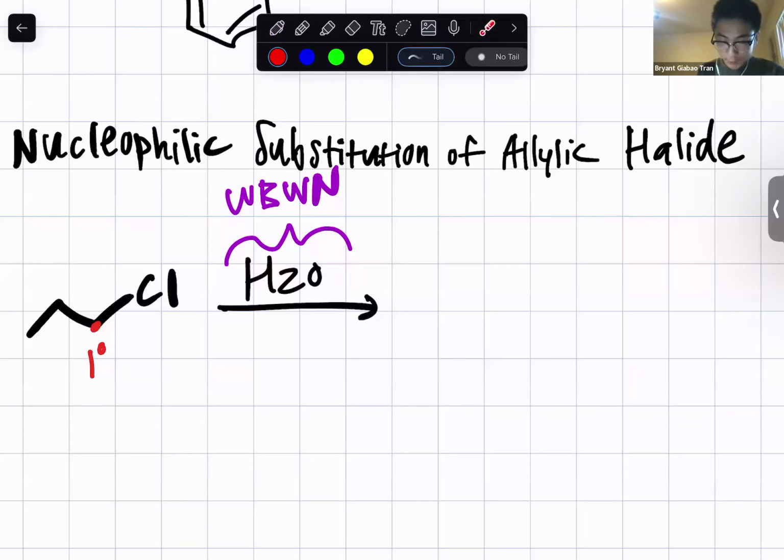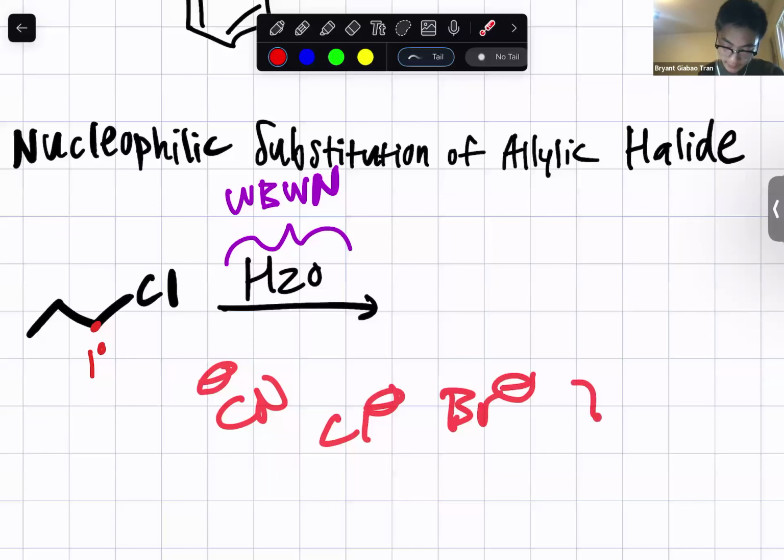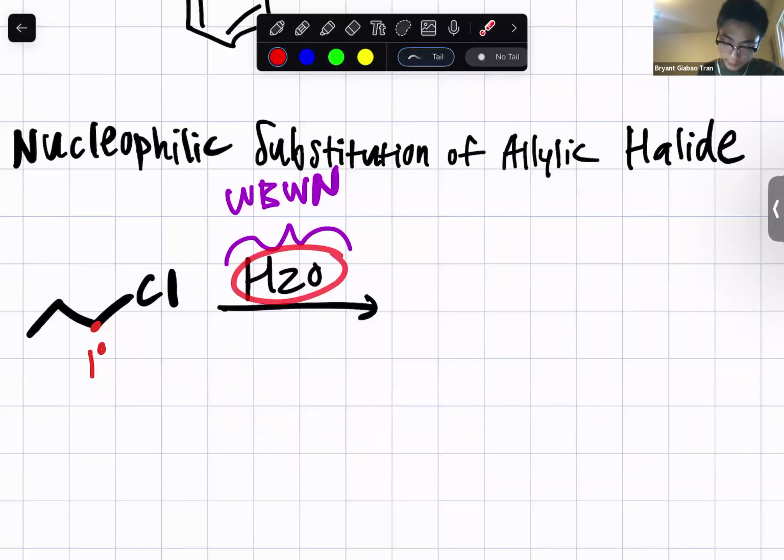Right. So we can't do SN2 here because this is not a strong nucleophile. SN2 reagents would require a strong nucleophile and a weak base such as CN minus, Cl minus, Br minus, I minus, everything else, N3 minus, right? But if you have water or alcohol, those are weak bases, weak nucleophiles, which favors SN1 E1 reactions.